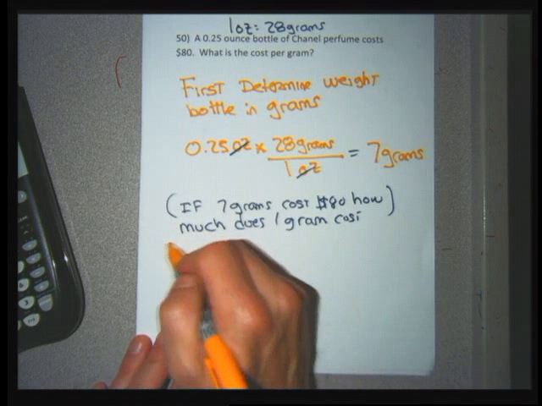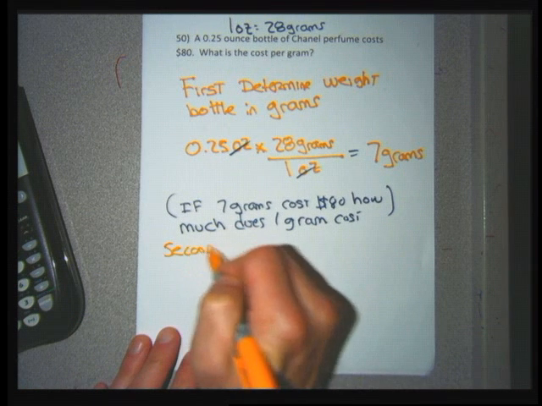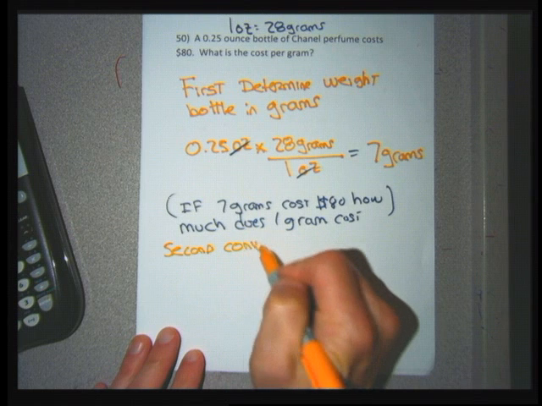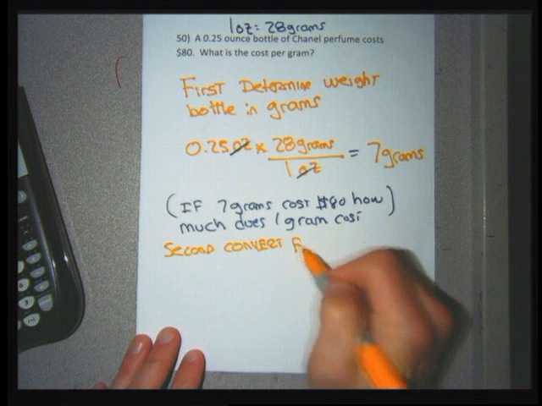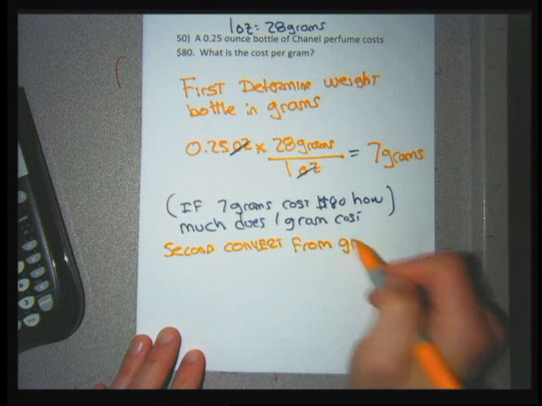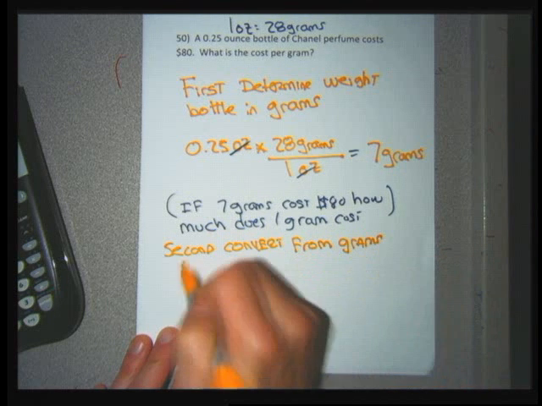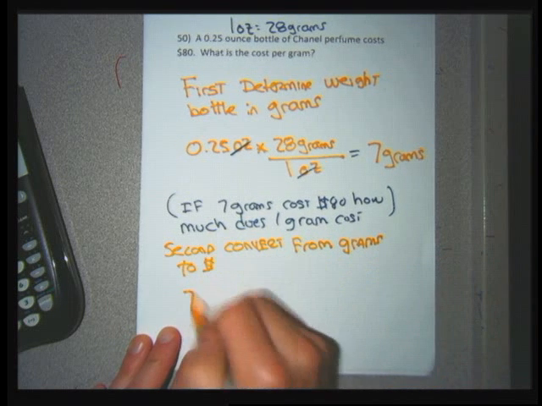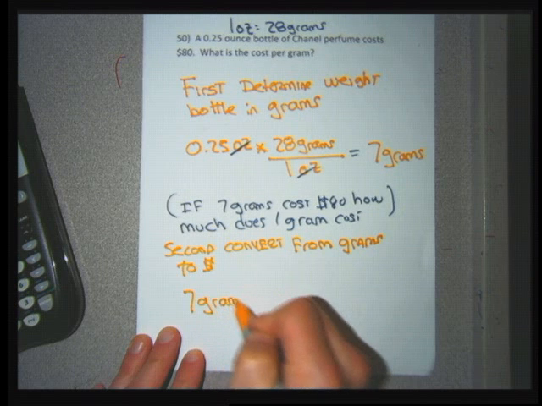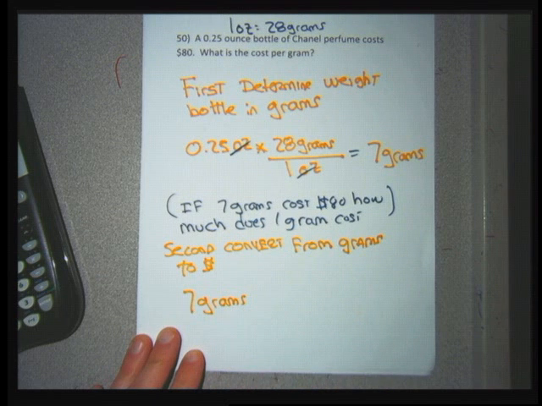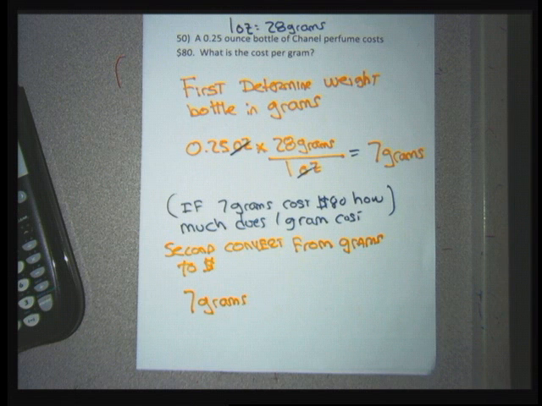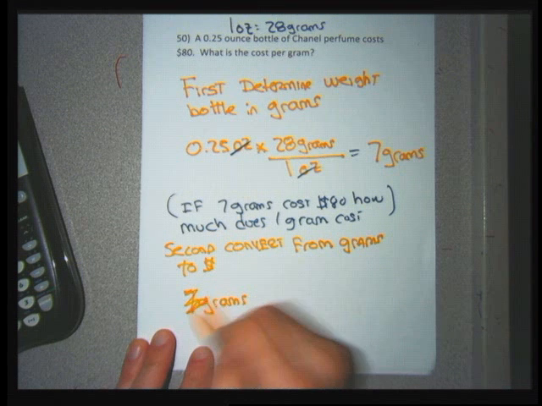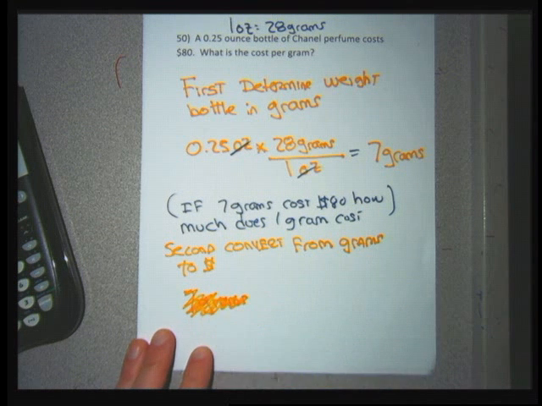So second, I'm going to convert from grams to dollars. What I have is 7 grams. Oops, I'm sorry, I want to find the cost of 1 gram. This way is so non-intuitive that I stumble.